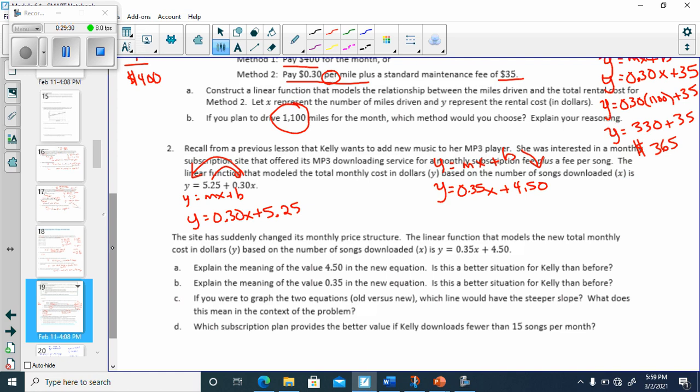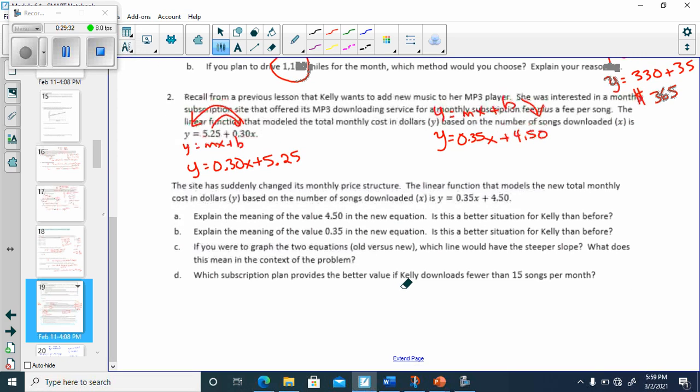Which subscription plan provides a better value if Kelly downloads fewer than 15 songs per month? So let's put it in as 14. Y is equal to 30 cents per song times 14 songs plus 525. If you go through the math on that, 30 cents per song, 0.3 times 14, and add 525 to that, you get $9.45.